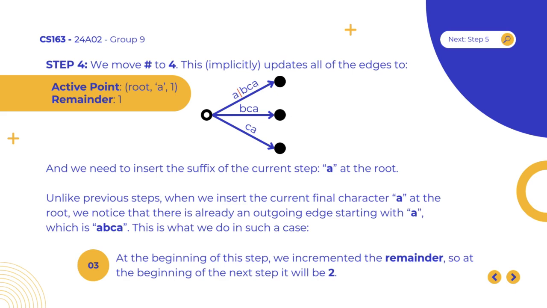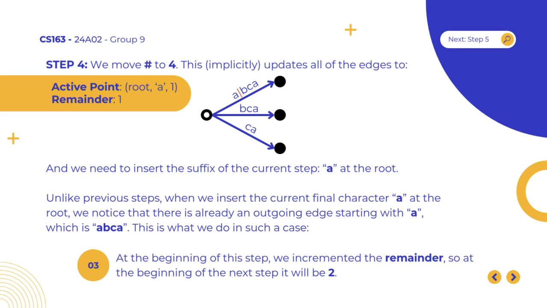So at the beginning of the next step, it will be 2, because we don't decrement the remainder. We haven't truly added the suffix A, so it will remain there. Okay, that's all for step 4.